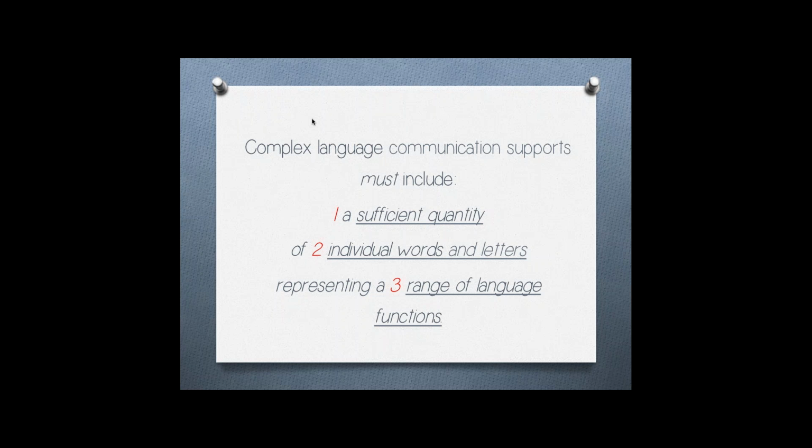It's basically as simple as that. So if you have an app that has these 3 features, it's highly likely that that app is going to be able to support complex communication. In contrast, if the app is missing even one of these features, it is not likely that you're going to be able to support true communication or language development.